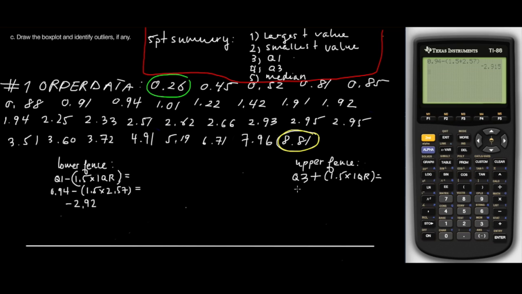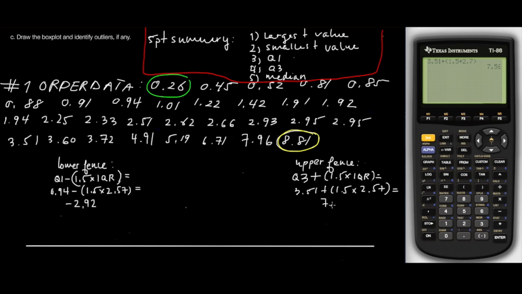And this gives us 3.51 plus 1.5 times 2.57, which gives us 7.56.